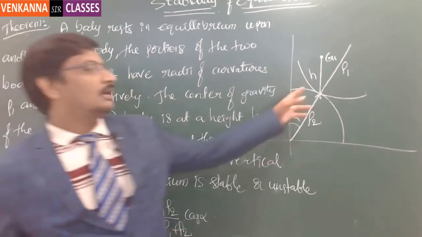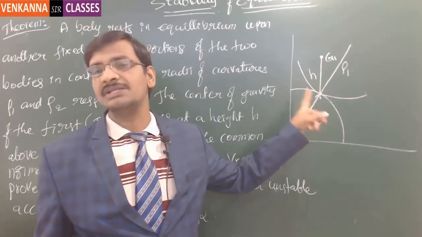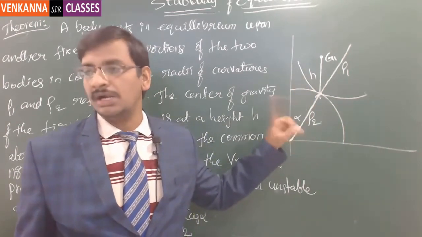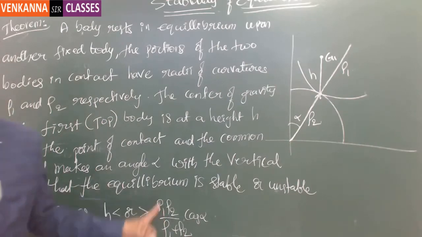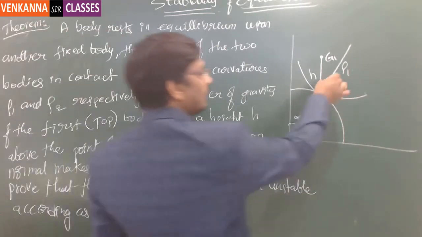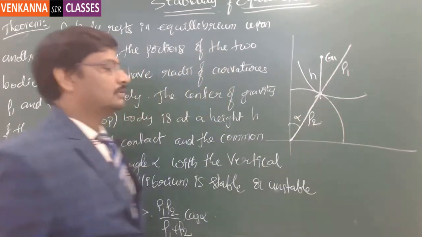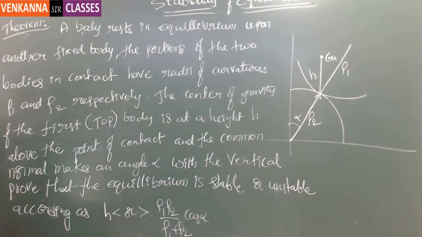Now whether this body under equilibrium has a stable equilibrium or not depends upon this condition, where rho 1 and rho 2 are the radii of curvature of the top body and the bottom body. Got it? I hope you understood the problem statement. Now we have to prove this.